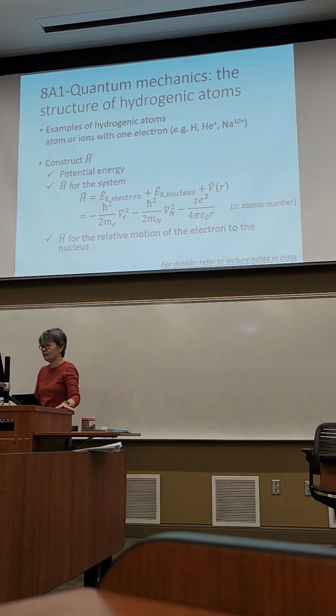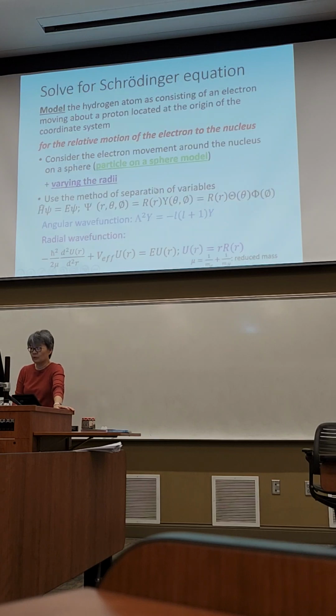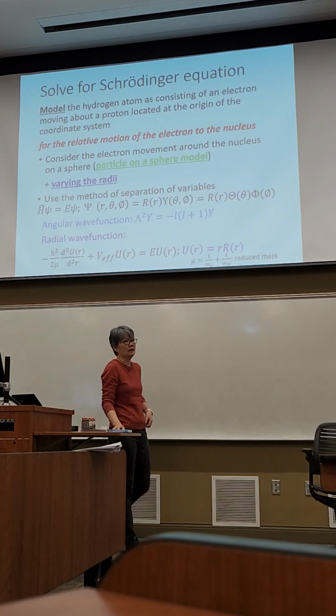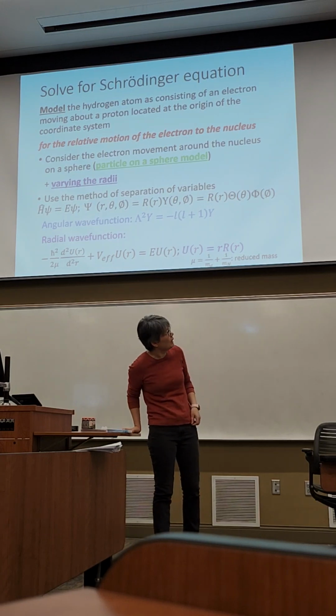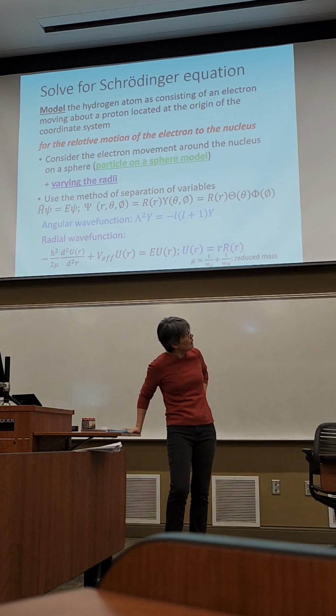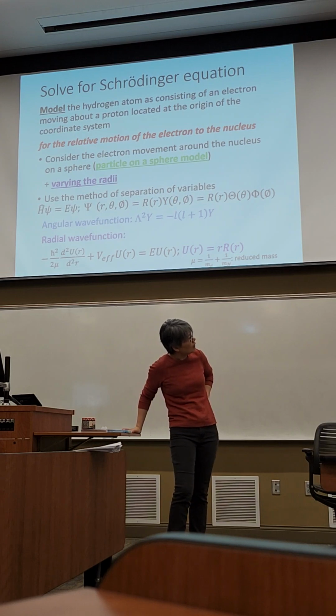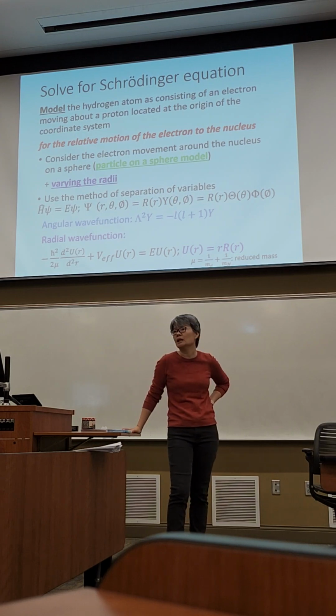So this is not the Hamiltonian operator we will consider. Instead, we went through the whole justification that it is a good approximation, so we only consider the relative motion of the electron to the nucleus.